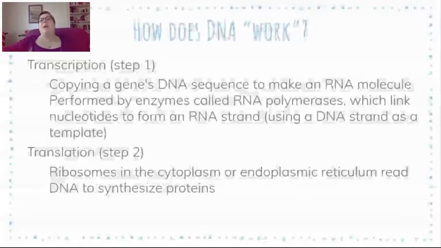So we've got to have a way to essentially make a photocopy of it so that we have something that can leave the nucleus and get to the protein making machinery. And then step 2, the protein making machinery works with that photocopy to actually make a protein. This is all on your screen in the more formal language, but those are the basics.